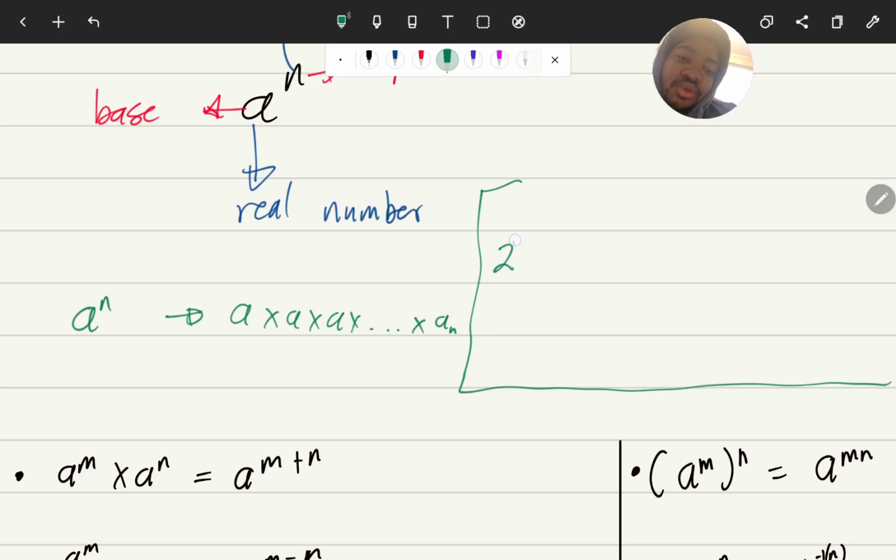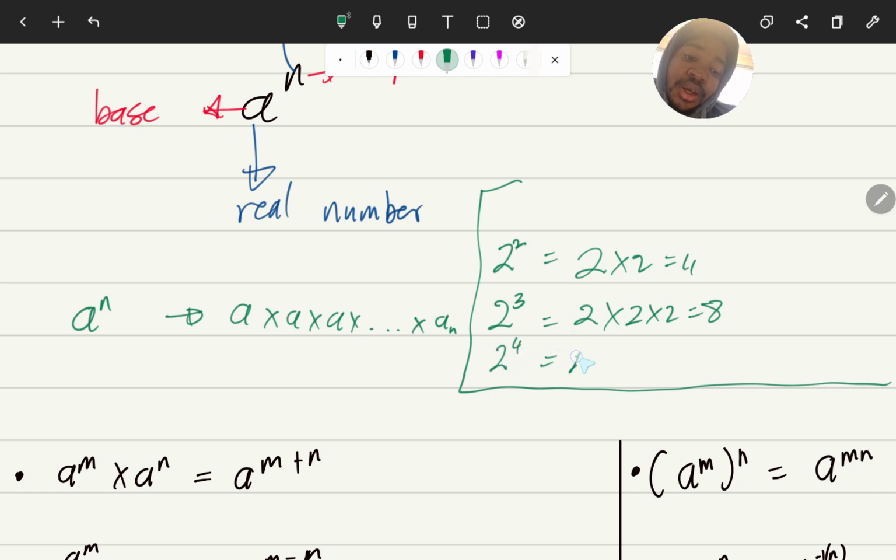When we have 2 squared, we are saying multiply 2 by itself 2 times, right? Which is 4. And when we have 2 to the power of 3, we are saying multiply 2 by itself 3 times. 2 times 2 times 2, which is 8. 2 to the power of 4, we are saying multiply 2 by itself 4 times. 2 times 2 times 2 times 2, which is what? 16.